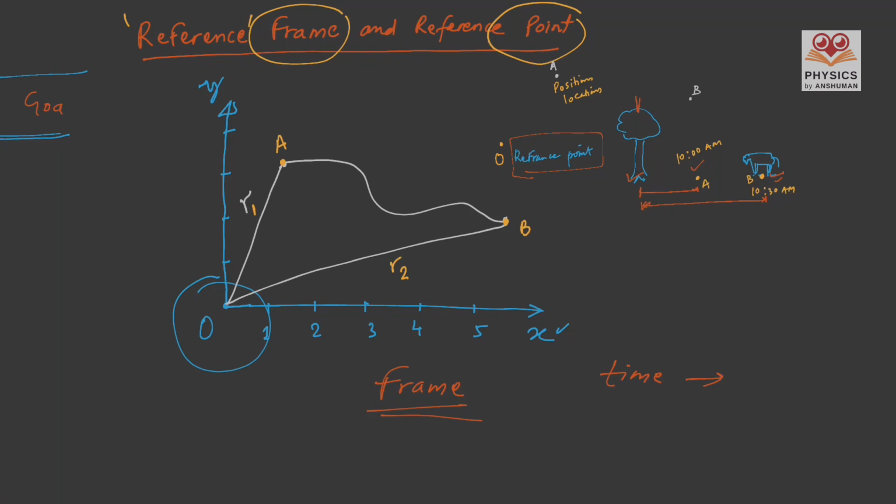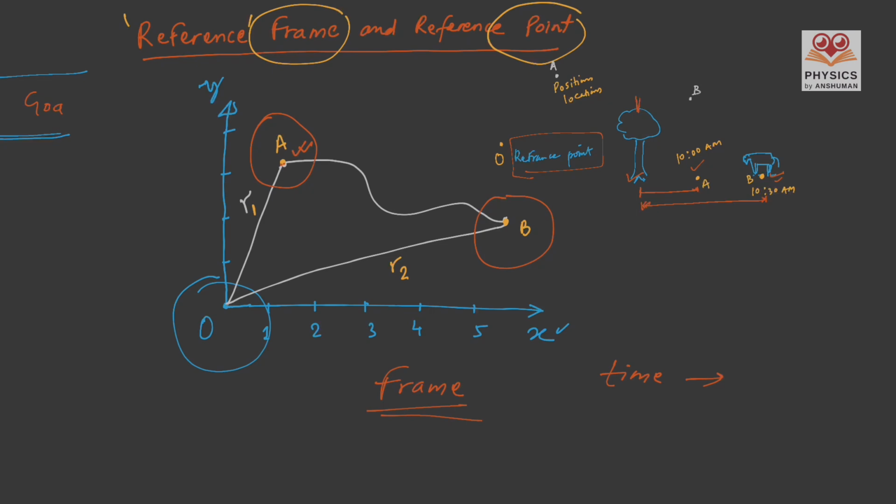So position is a unique point in the reference frame. The same point cannot have two addresses. So if we say this is point A, it means this is the only point that is called A. Any other point will have some other name, some other address.